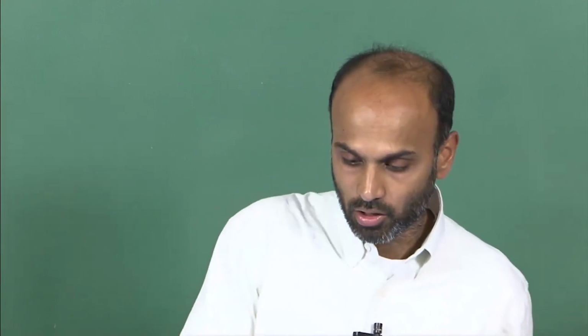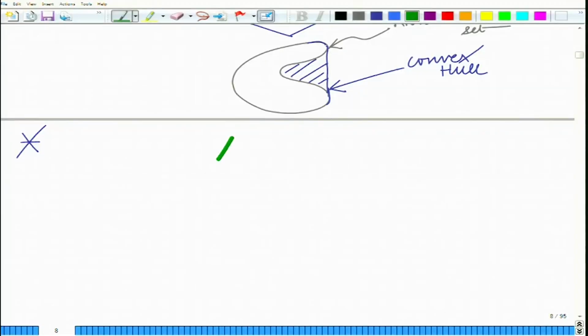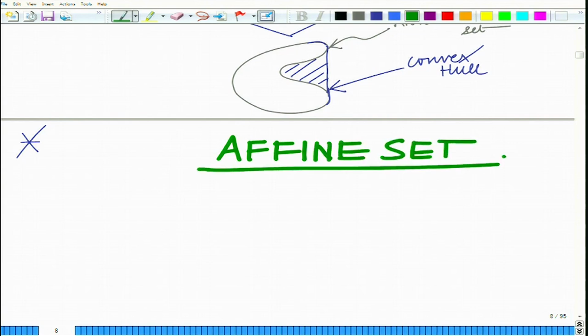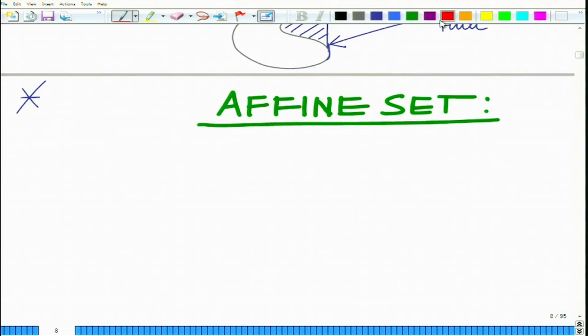So, let us continue this discussion by looking at something slightly different today, that is the definition of an affine set. So, what we want to learn is the concept of an affine set, and this is very simple. In the previous module we have seen the notion of a convex set.